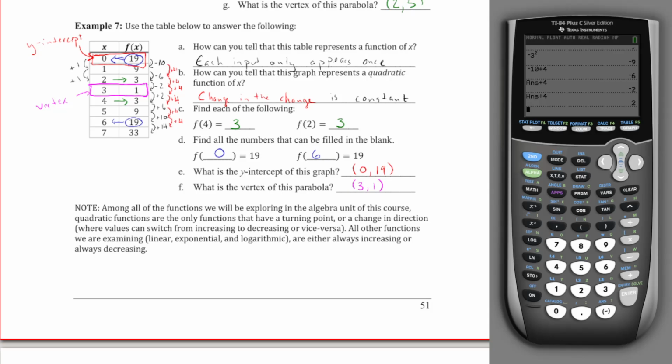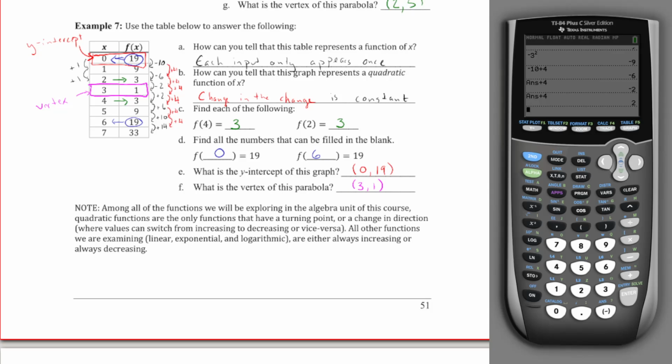Our quadratic pattern is unique among the functions we'll see in this course, in that when we have a quadratic function, the outputs either decrease and then increase again, or increase and then decrease again. Quadratic functions have a turning point, which happens at the vertex.